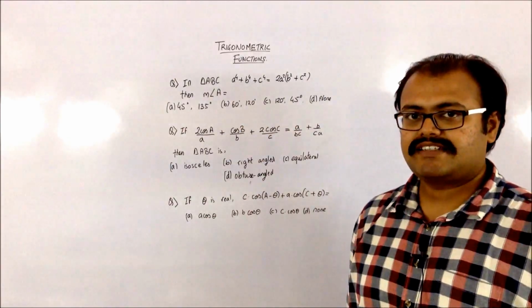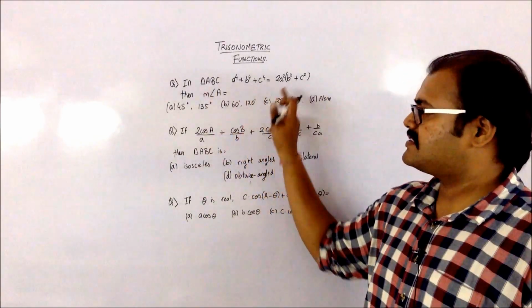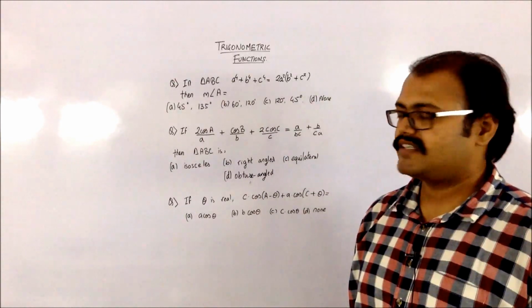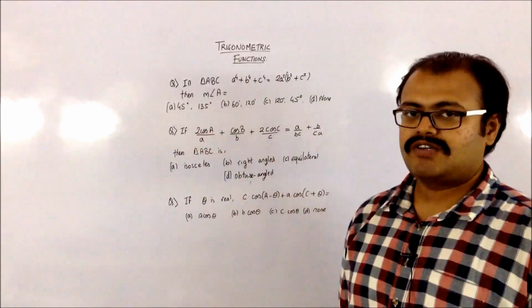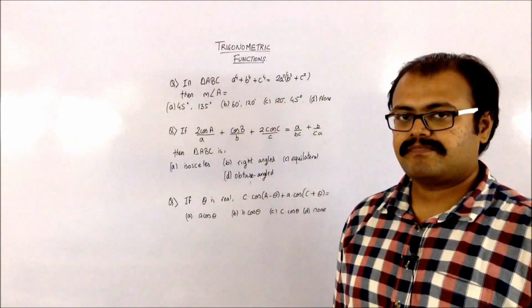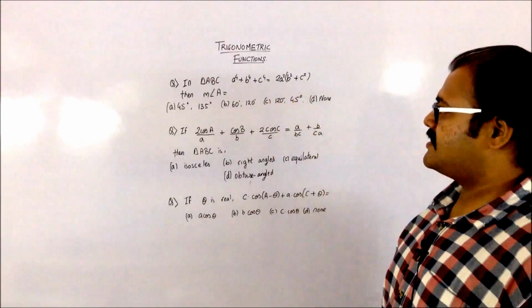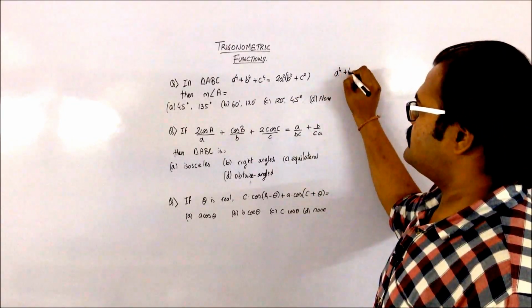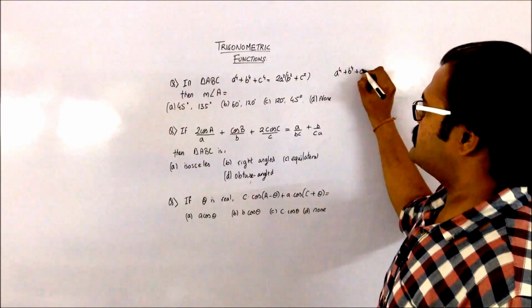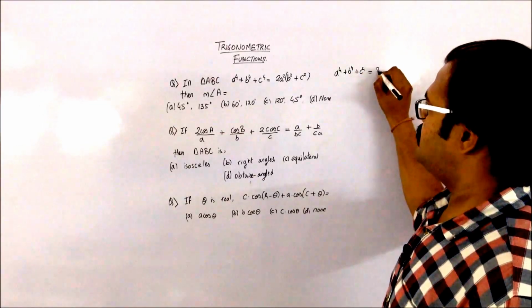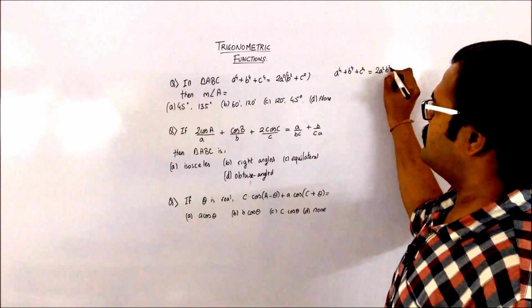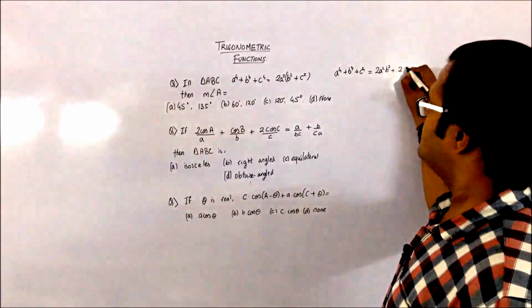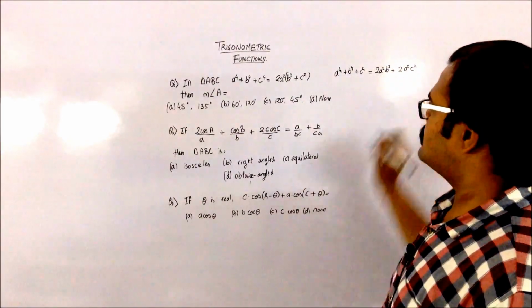Let's move on to the next one. In triangle ABC, this particular equation is holding, and then I have to find what is going to be my angle A. So let us concentrate on this equation. So we have A raised to 4 plus B raised to 4 plus C raised to 4, which is equal to 2A square B square plus 2A square C square.